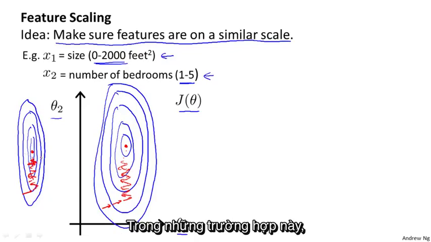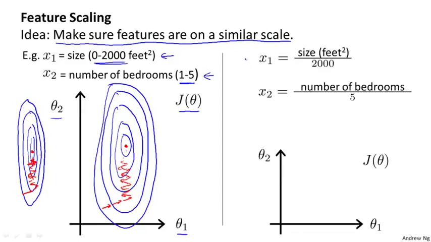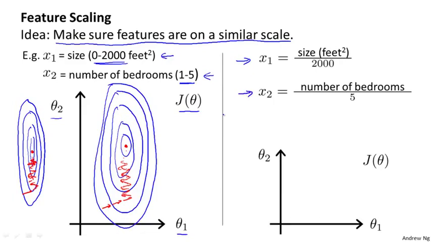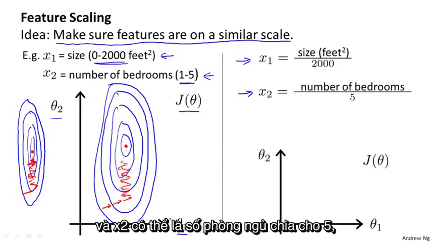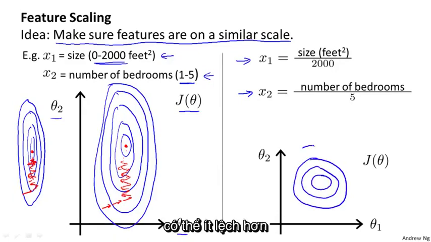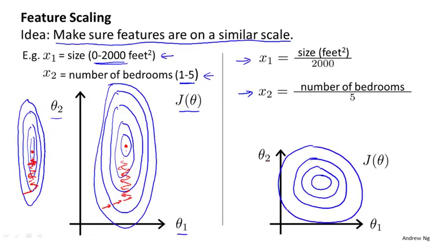In these settings, a useful thing to do is to scale the features. Concretely, if you instead define the feature x1 to be the size of the house divided by 2000 and define x2 to be the number of bedrooms divided by 5, then the contours of the cost function J can become much less skewed, so the contours may look more like circles.